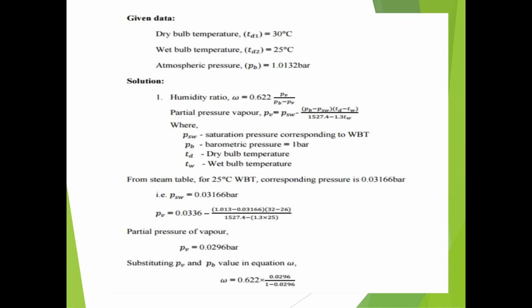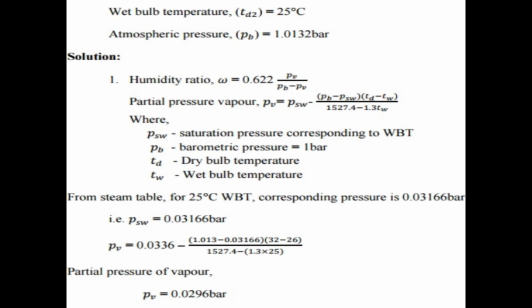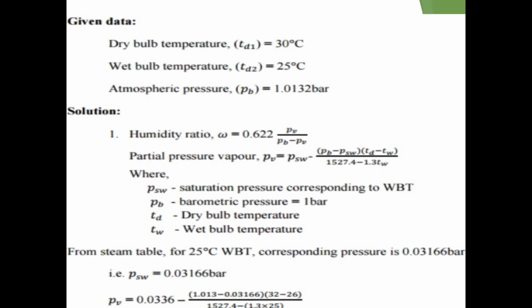First, we are given the dry bulb temperature of 30 degrees Celsius, the wet bulb temperature of 25 degrees Celsius, and atmospheric pressure of 1.0132 bar. Based on this, we have to determine the humidity ratio. Humidity ratio is equal to 0.622 PV divided by PB minus PV.